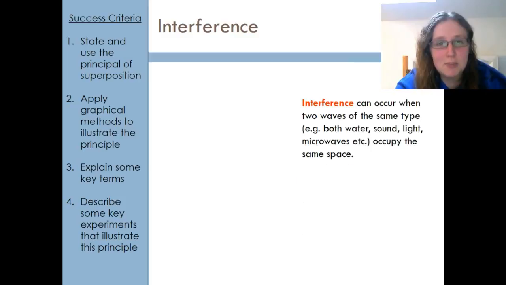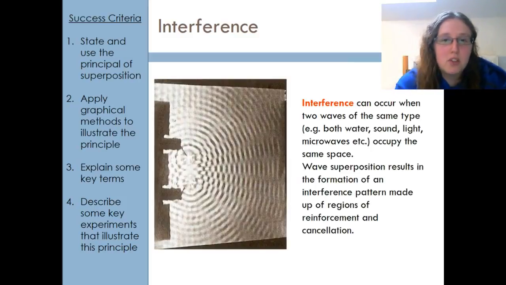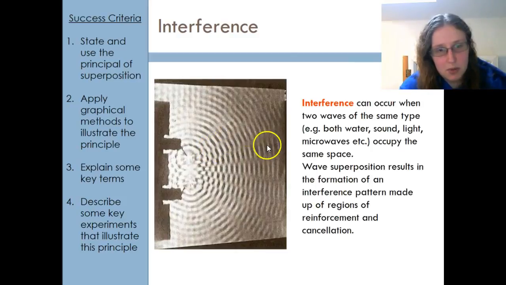So interference, basically, is something that can occur when two waves of the same type occupy the same space. Mostly we're just talking about having two sources of waves, and what it creates is an interference pattern. If you look at this water wave, you can see there are bits where it seems really smooth, and then bits where there are much larger waves, and it alternates: small, big, small, big.